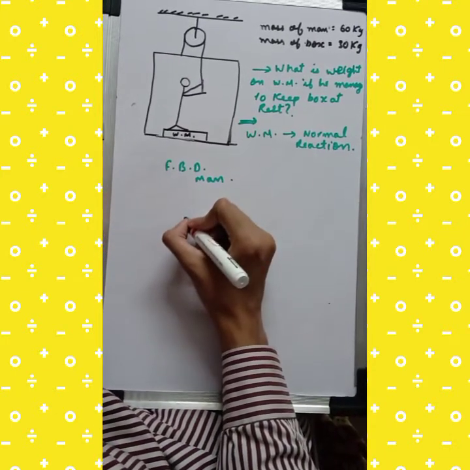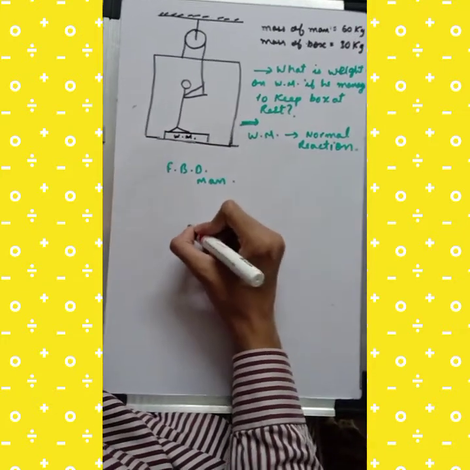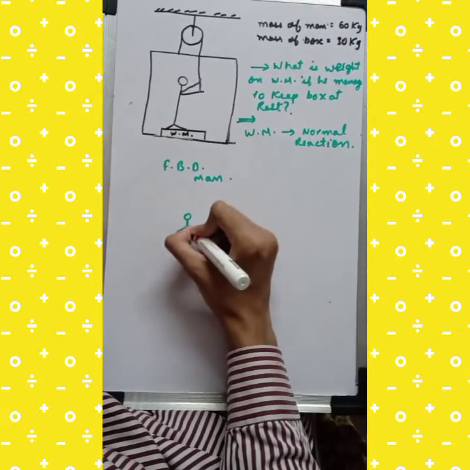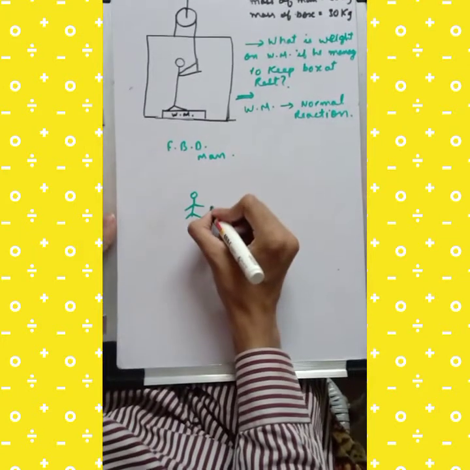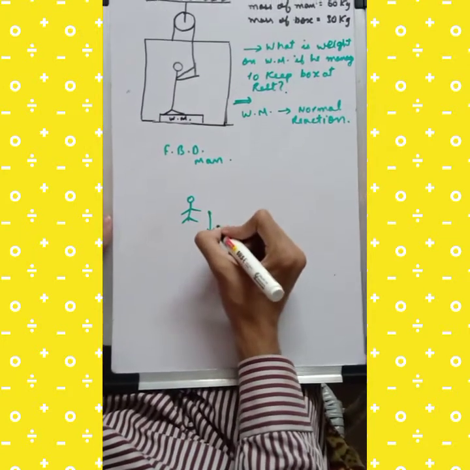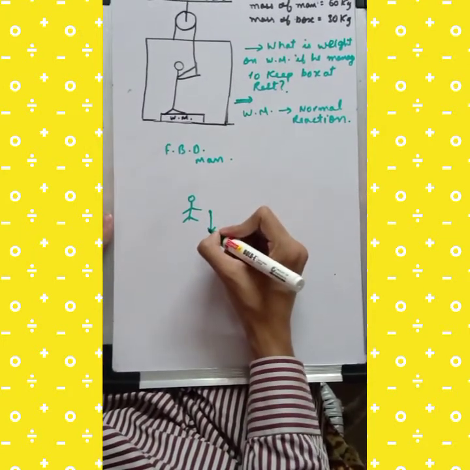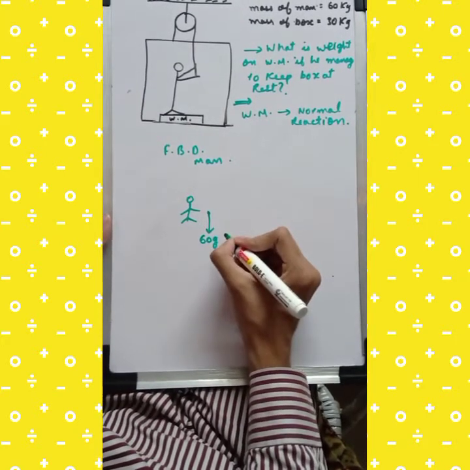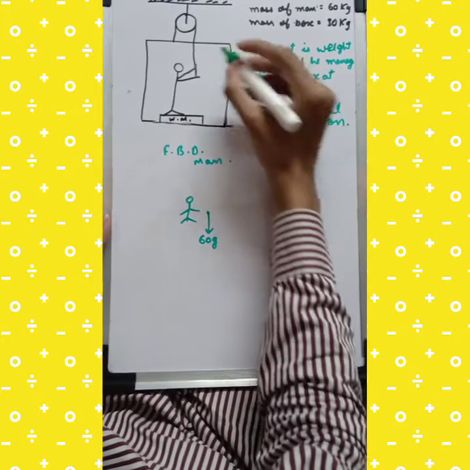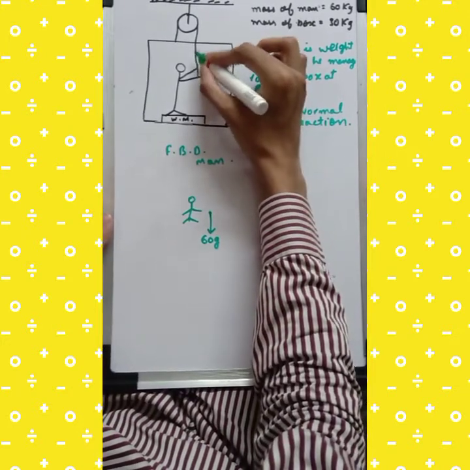For the man, first of all he has gravity acting down, mg. The mass of the man is 60, so 60g downwards would be the force. We can see that the man is exerting a tension on the rope.